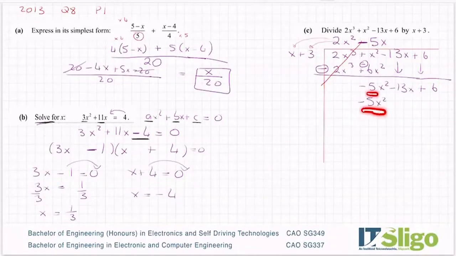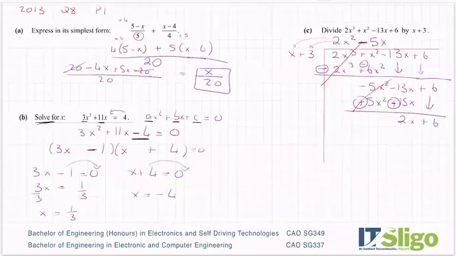You know you're right when you get the perfect match, including the sign, on your first term. Minus 5x by plus 3 is minus 15x. Change the sign, change the sign. Minus 5x squared plus 5x squared cancels. Minus 13x plus 15x is 2x. I haven't used the 6, take it down.